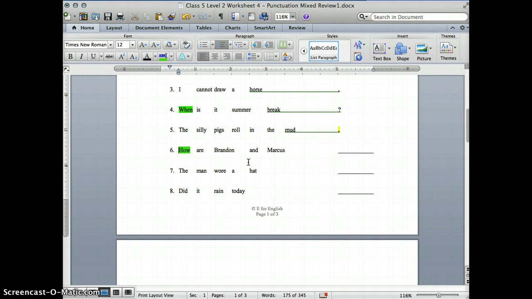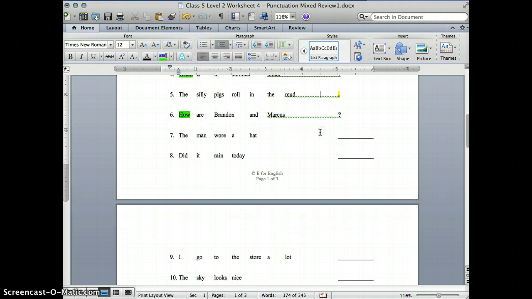So like when we see the word when at the beginning of a sentence, we automatically know that it's going to be a question. Similarly, whenever we see the word how at the beginning of a sentence, the sentence is most probably going to be a question. So how are Brandon and Marcus? That's a question, right? We're asking them how are they, or we're asking how they're feeling and all of that stuff. So we're going to put a question mark because this is a question.